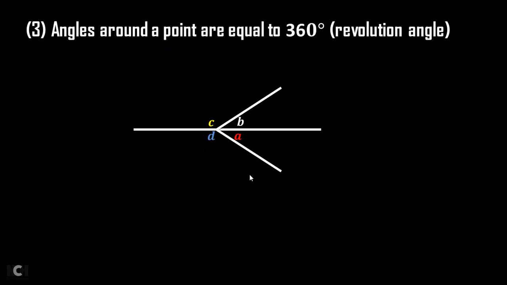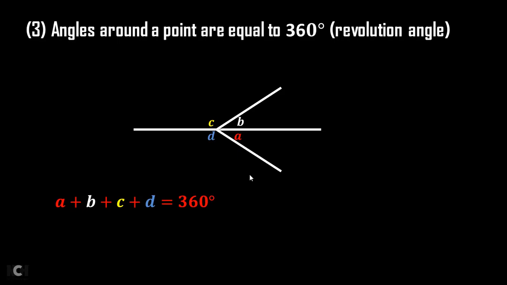Now number 3, we have angles around a point are equal to 360 degrees, which makes a revolution angle. Okay, so suppose we have a diagram like that. It means that angle A plus angle B plus angle C plus angle D is equal to 360 degrees.